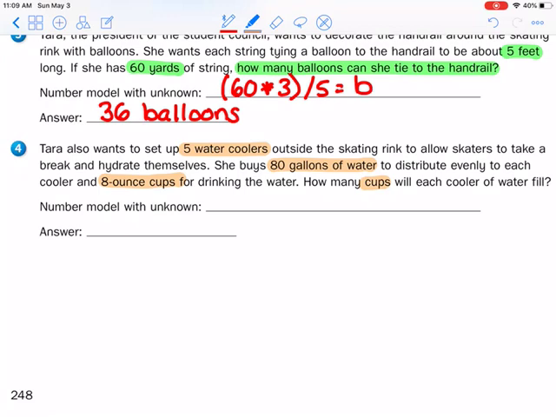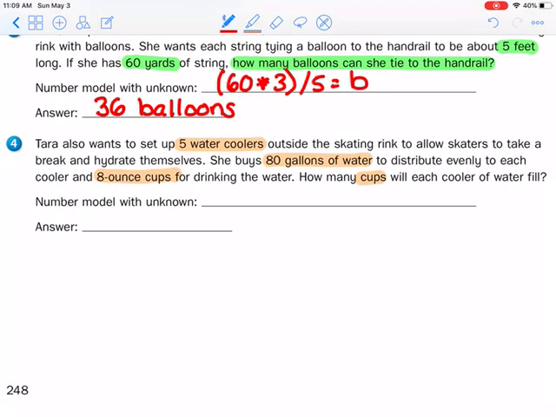Okay, so we need to do a few things first. Actually, I think I have enough room to do my work down here. So step number 1 is how many gallons of water are going to go into each water cooler. Because these 80 gallons have to be split into 5 coolers. So the first thing you're going to do is 80 divided by 5 to see how much water is in each cooler.